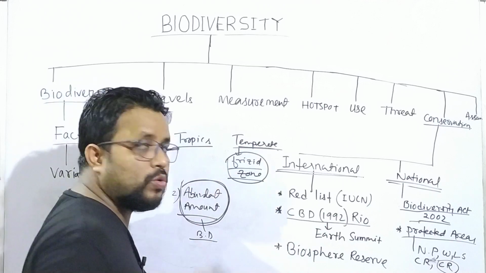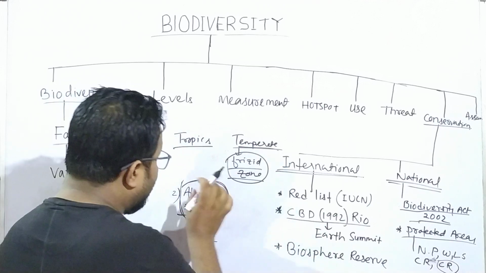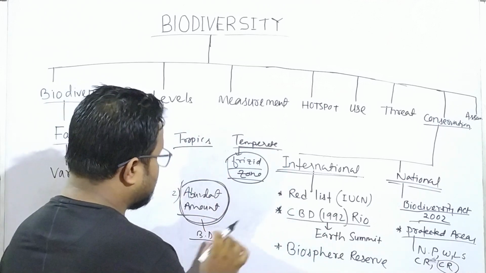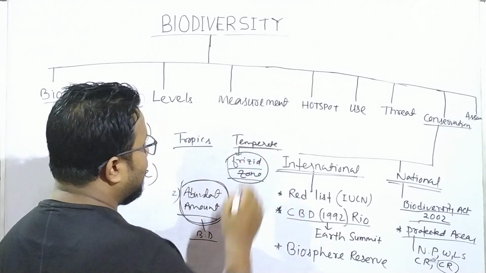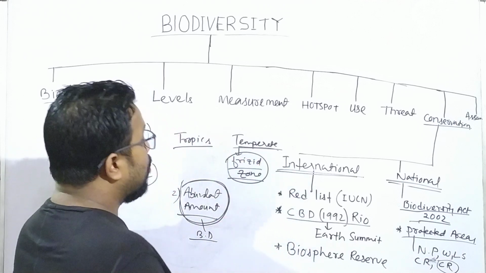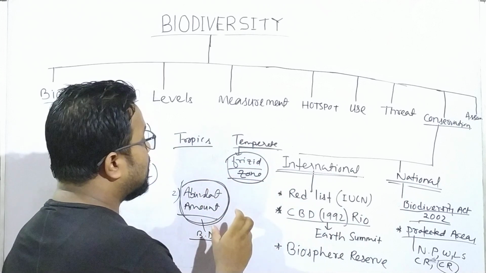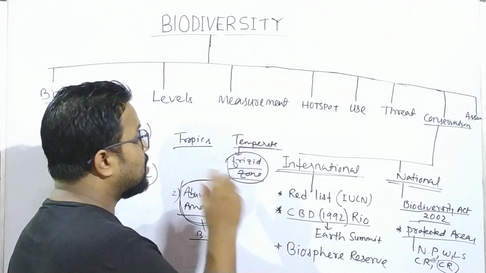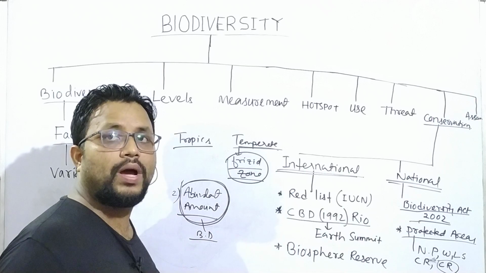Since in the tropic region we have abundant sunlight, maximum biodiversity is found there, unlike the temperate region, where we don't have abundant sunlight, so there is less flora and fauna.